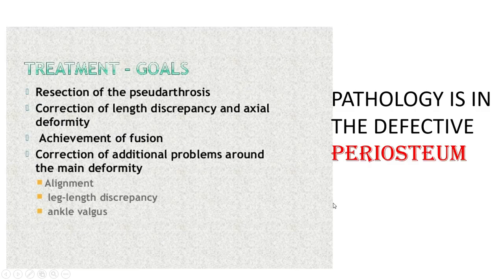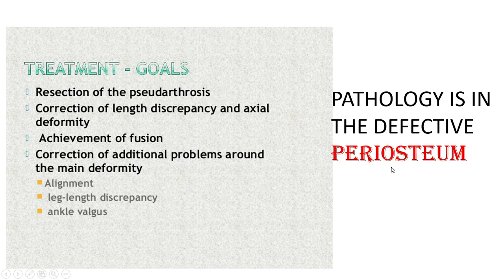Now, the most difficult portion is treatment. The principle of the treatment is excision of that pathological bone, correction of the length, and achievement of fusion or union. Before going into details, I just repeat again, the pathology is in the periosteum.